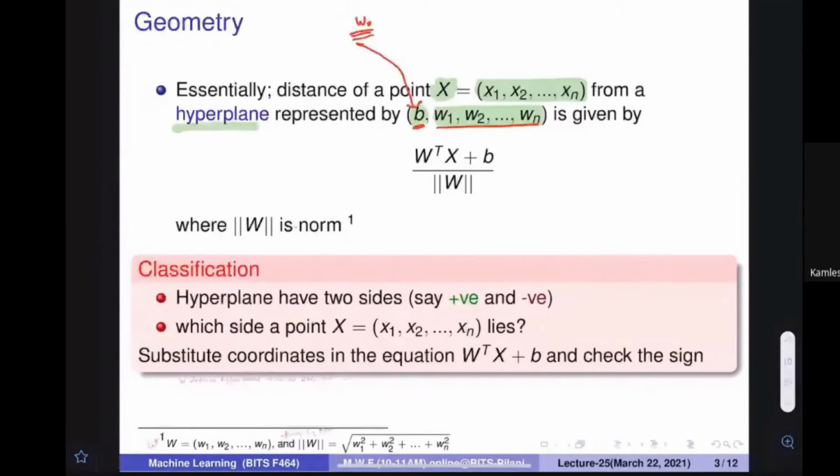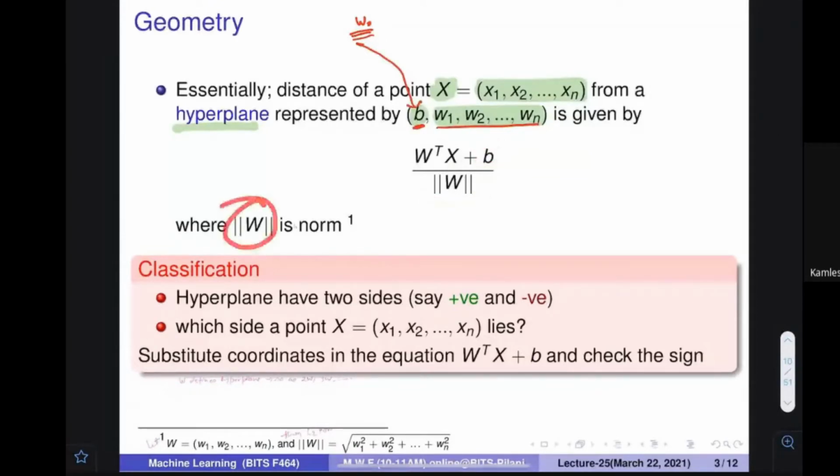This equation, a few minutes back, we talked about: if we want to find the distance of a point, we can write it in this particular way. Because it is a multiplication of w's, it is added with the bias term, and then it is divided by the mod of the w.